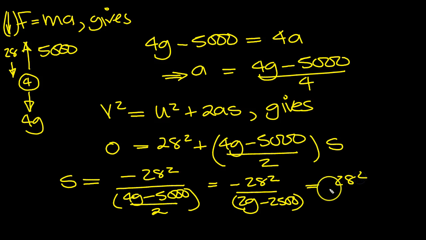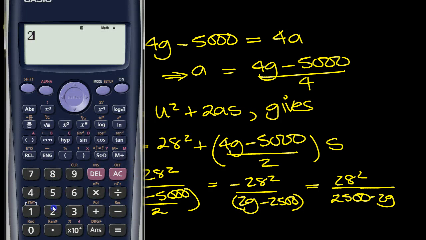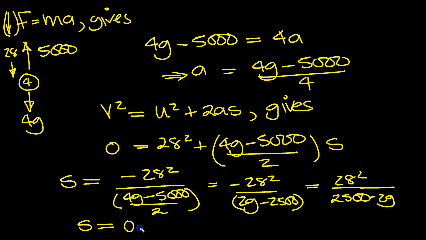So it's 28 squared over 2500 minus 2g. So I've flipped a minus here, and I've run a minus through this bracket and written it the other way around. So s is equal to 28 squared divided by bracket 2500 minus 2 times 9.8, close bracket, equals decimal 0.32 meters. 0.32 meters. And that's to 2 decimal places.